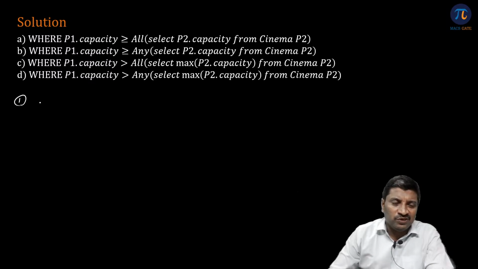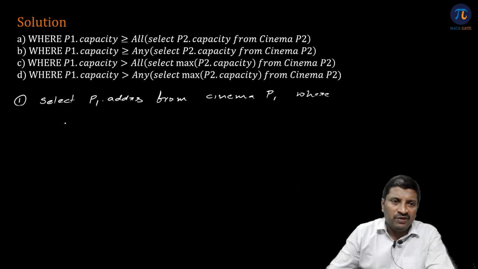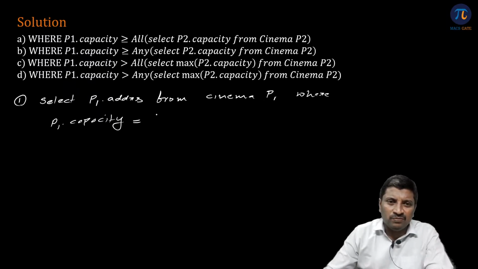What is the first possibility? Select P1 dot address from cinema P1, where P1 dot capacity is equal to, here what do you need? Max capacity.